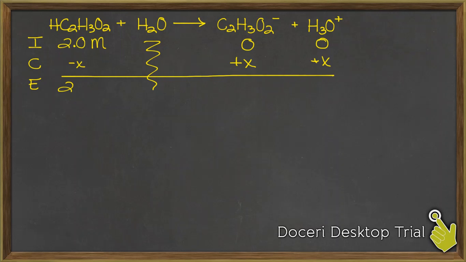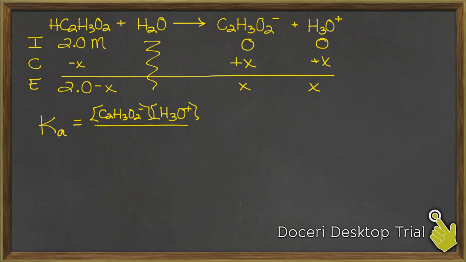Okay, I'm going to bring everything down. X, x, okay. And if you'll remember from last unit, what we did at this point was we wrote an equilibrium expression based on the reaction above. So there's the acetate ion, products over reactants, times hydronium over the molarity of the acid itself.